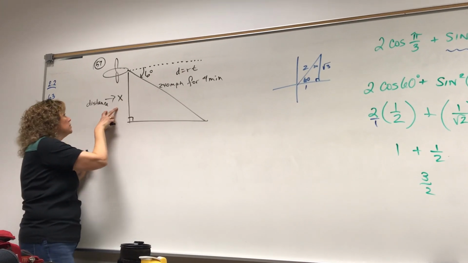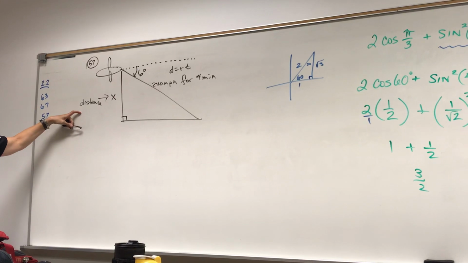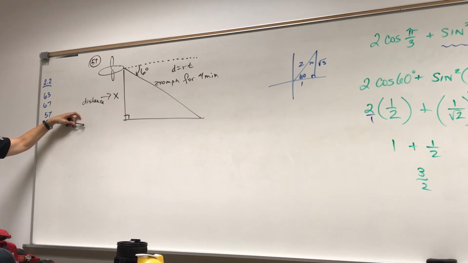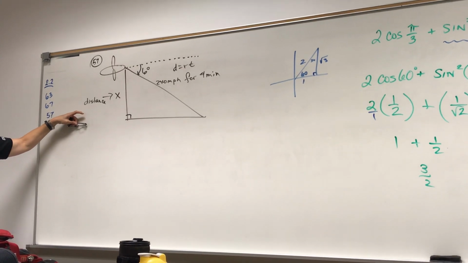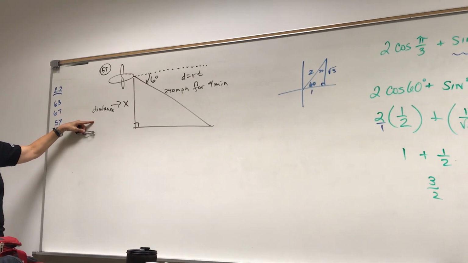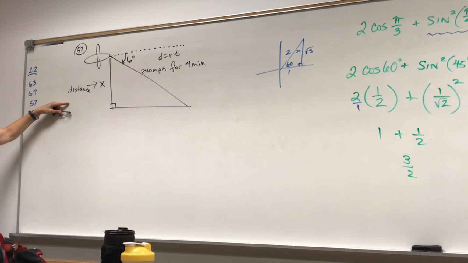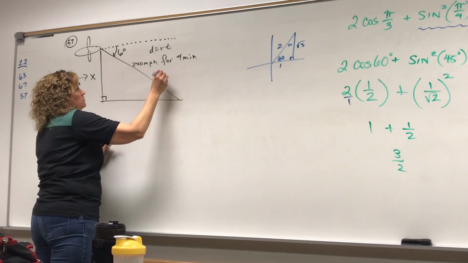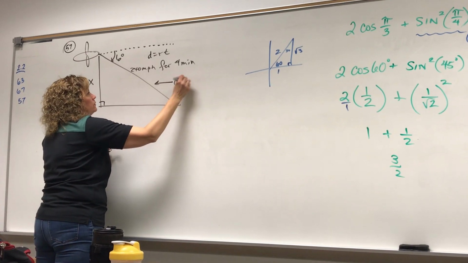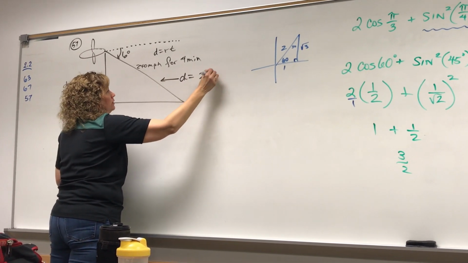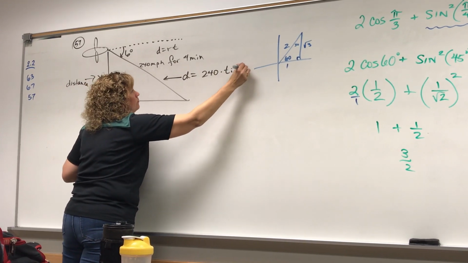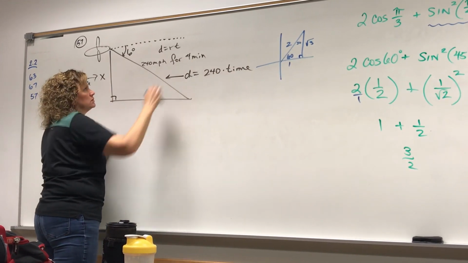We're probably going to want this in miles. So we want this distance. The rate is 240, and the time, okay, 4 minutes.